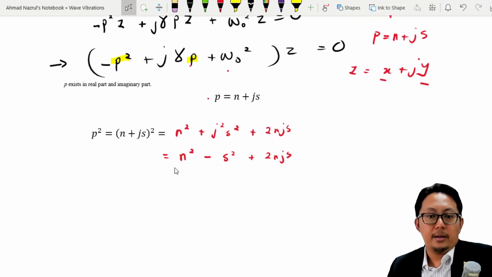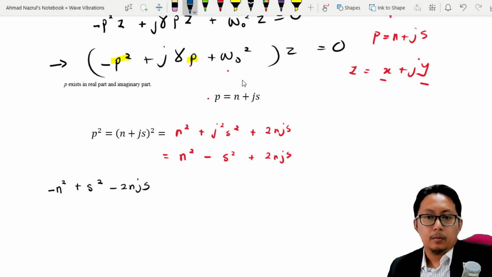What we have here, minus p square, so that means minus n square plus s square minus 2njs, and then we have plus j gamma p.